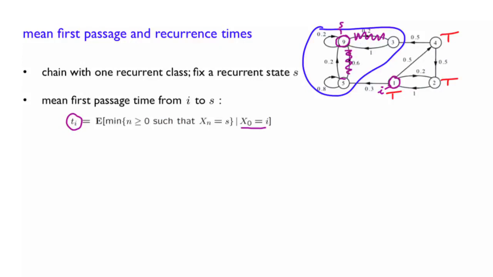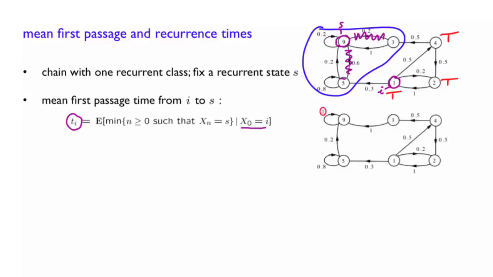Now, removing these arcs entirely means that you would have to increase the probability of that self-transition from 0 to 1. So what do you get? Well, you get this following graph. We have removed these arcs and we have increased the probability 0.2 here to 1. And again, we have argued that calculating the mean first passage time from I to S in this graph is the same as doing the same thing for this graph.